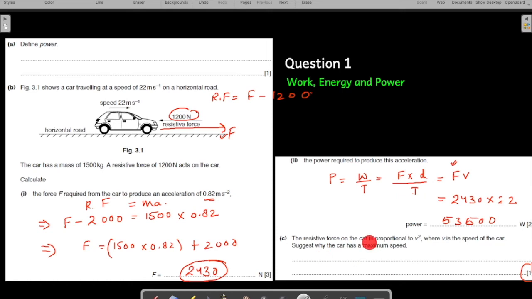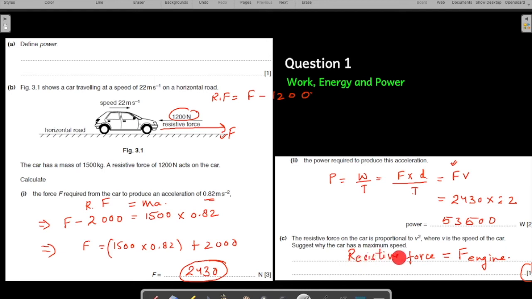The resultant force on the object becomes 0. So how can the resultant force become 0? When the resistive force becomes equal to the forward force by the engine, then the resultant force will become 0. You'll arrive at a terminal velocity.